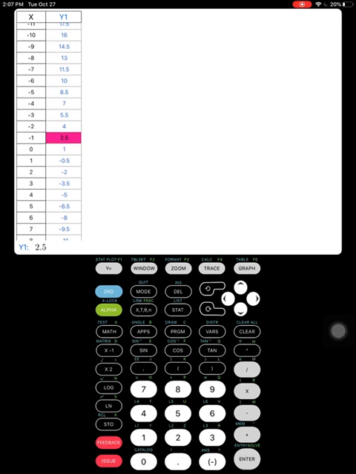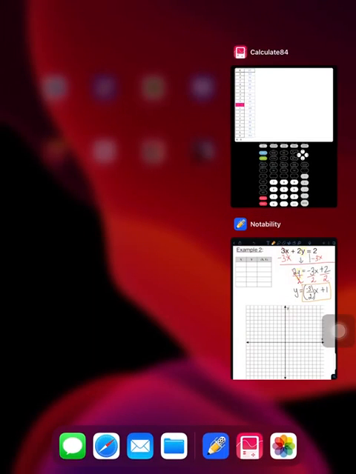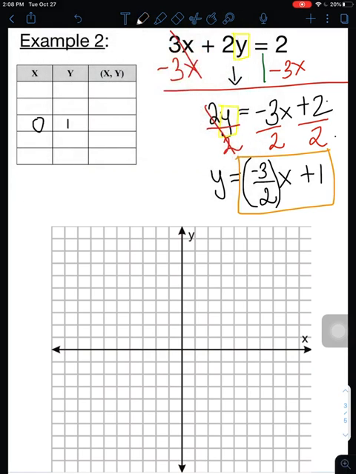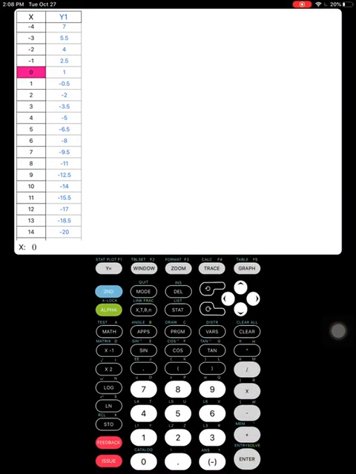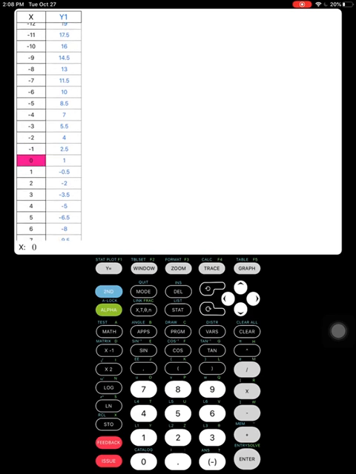And here we have my table. So again, I'm always going to start with my y-intercept. So 0, 1. Okay. Then some negatives here.